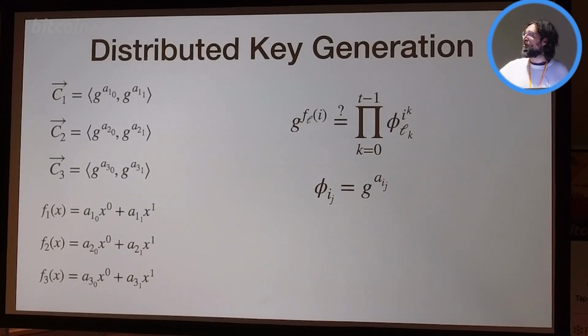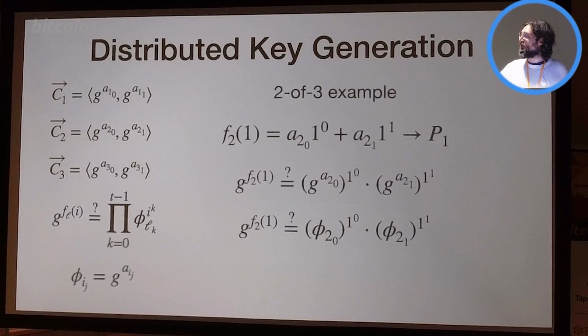So participant 1 will take the coefficient commitments from participant 2 and evaluate the polynomial with the commitments instead of the raw coefficients. And that should equal the committed version of the share they received. The share they received translated into the point domain by using it as a power of G, the generator.